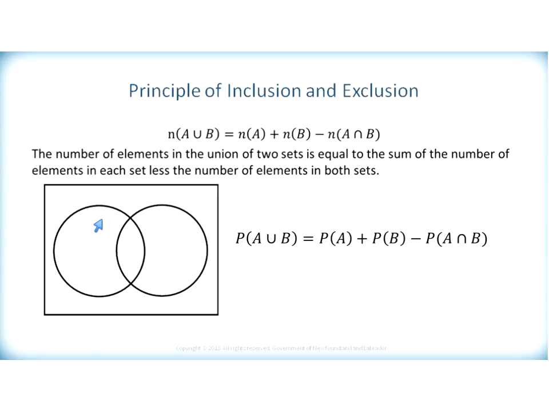That is, number of elements in A plus the number of elements in B, and we would subtract the intersection since we've added it in already in A and in B, so we subtract it once. We can extend this to the probability of A or B. The probability of A union B would equal the probability of A plus the probability of B, subtract the probability of A intersect B.